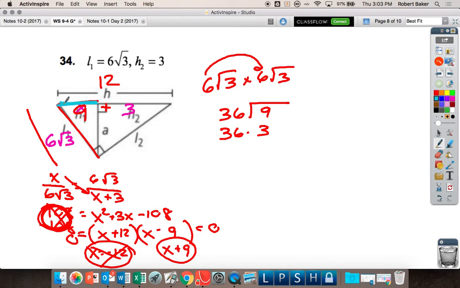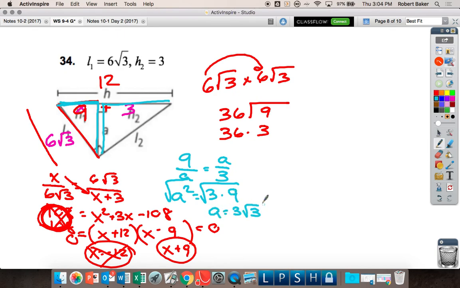If I do 9 over a, a over 3, and then you cross multiply. 3 times 9 is 27.